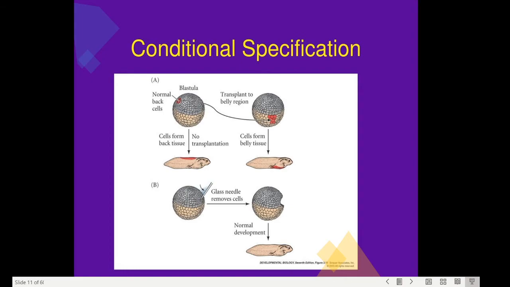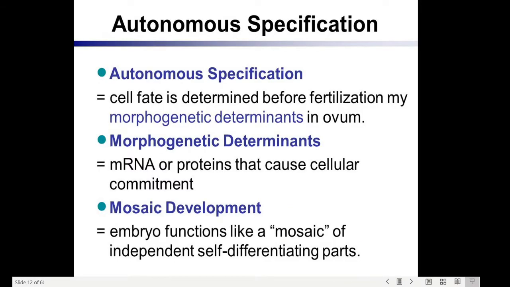This is conditional specification. And autonomous specification happens in the human body. The cell fate is determined at fertilization by morphogenetic determinants in the ovum. What are the morphogenetic determinants? They are mRNA or protein that causes cellular commitment.